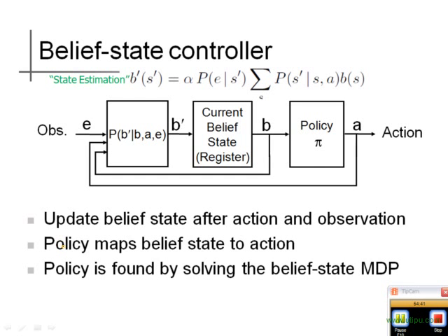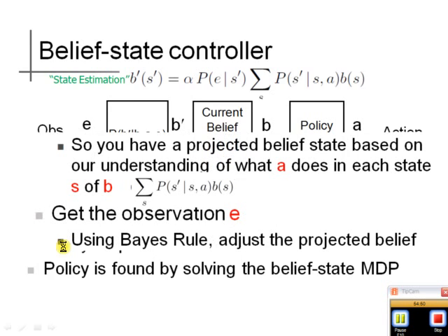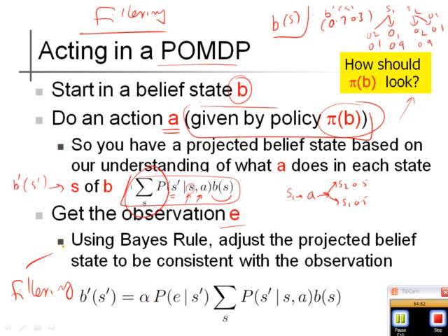Now the interesting thing is a single B' is spit out here. Right? A single B' is spit out here because that's what we just did. We did an action in belief state B, we did action A, and then we got observation E, and then we computed B'.